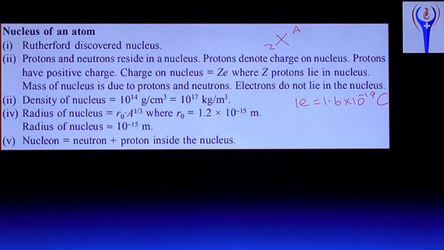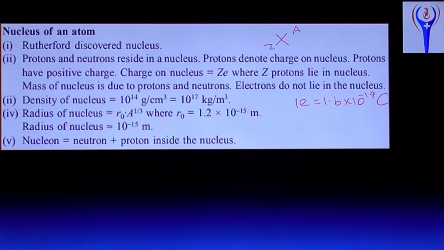Helium has atomic number 2, so 2 into e, like that. Z is the proton number that lies in the nucleus. The mass of the nucleus is due to protons and neutrons, that is, protons plus neutrons, which is the mass number. Electrons do not lie in the nucleus. Electrons are present outside the nucleus.